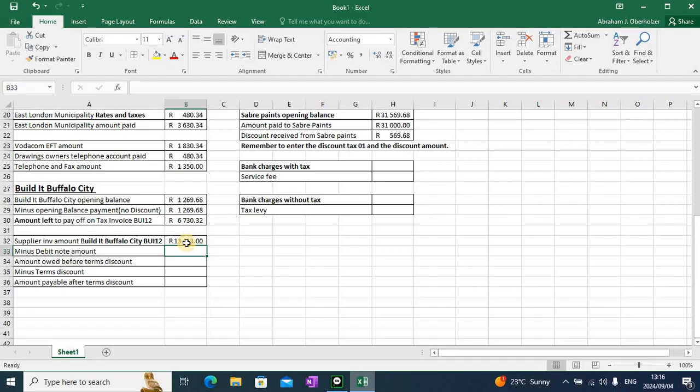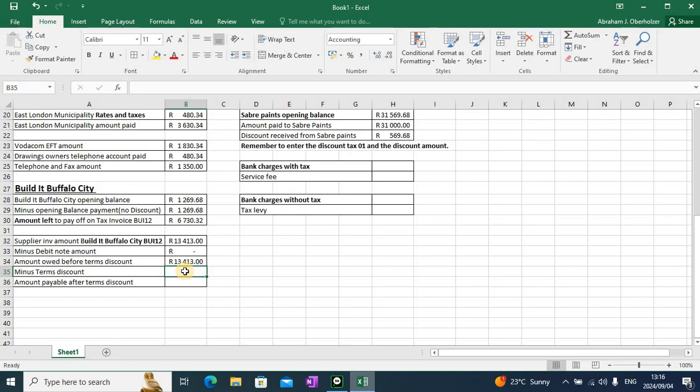There is no debit note amount for Build It, so there's 0. So we have 13,413 minus 0, minus terms discount.